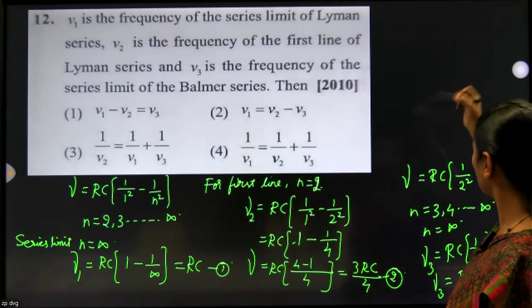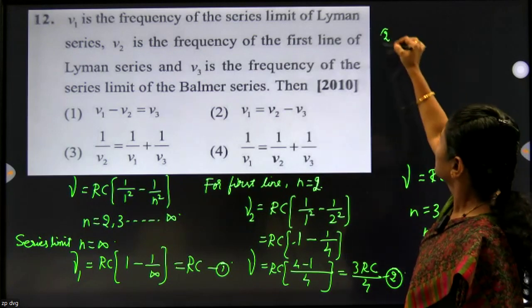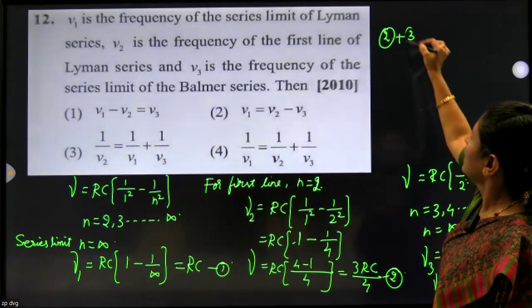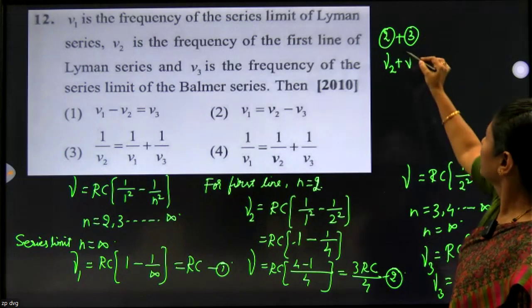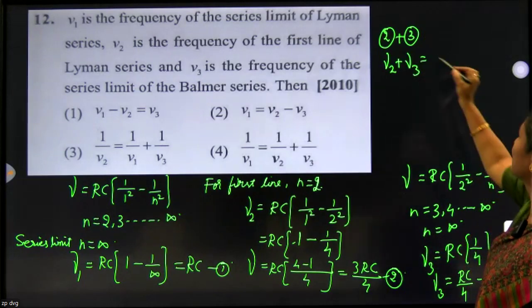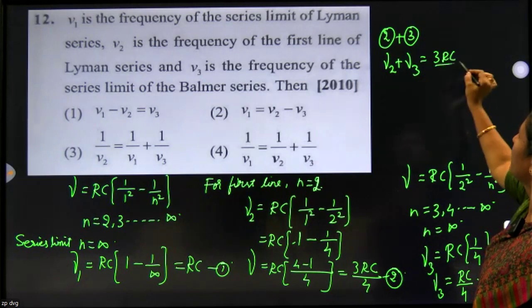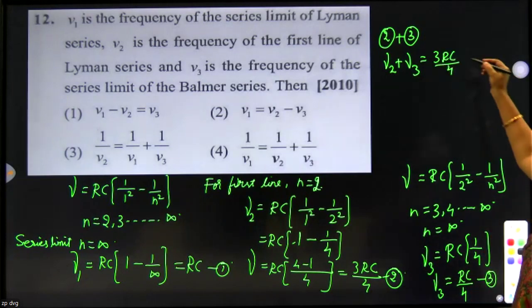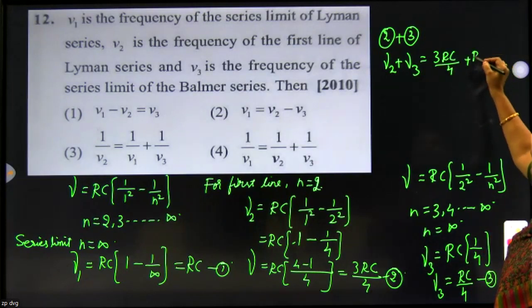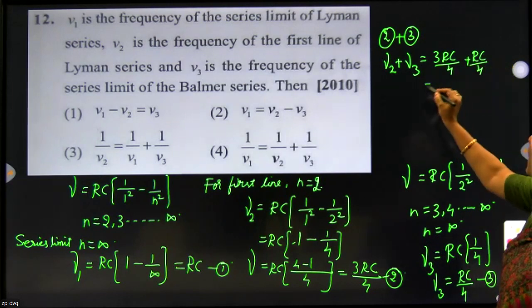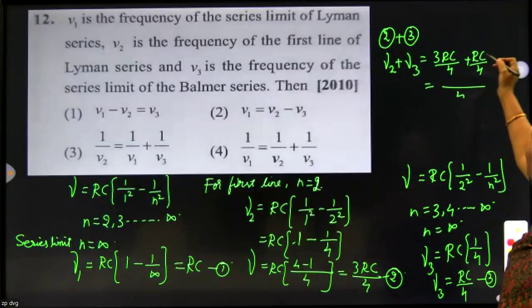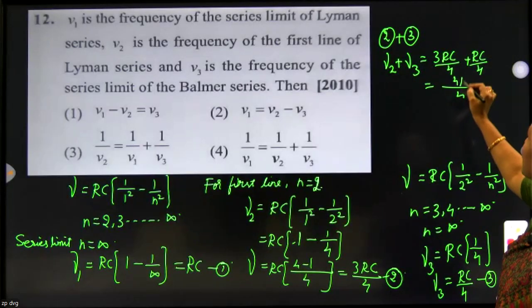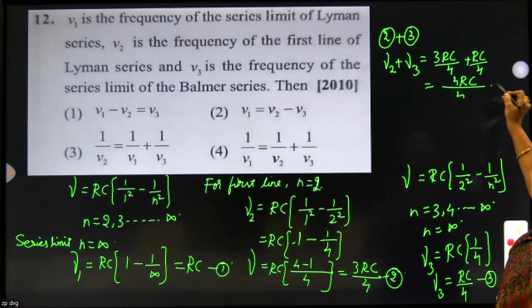Consider equation 2 plus 3. Then we get nu2 plus nu3 equal to 3 RC by 4 plus RC by 4. The LCM is 4, so 3 RC plus RC is 4 RC, the 4 gets cancelled, and that is equal to RC.